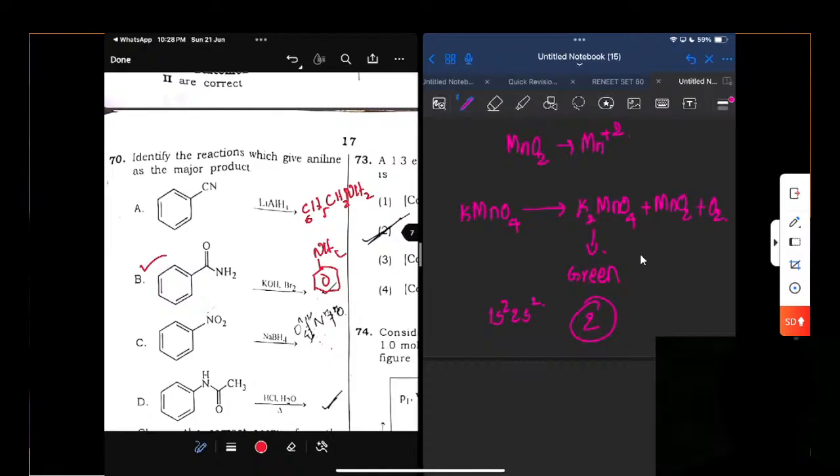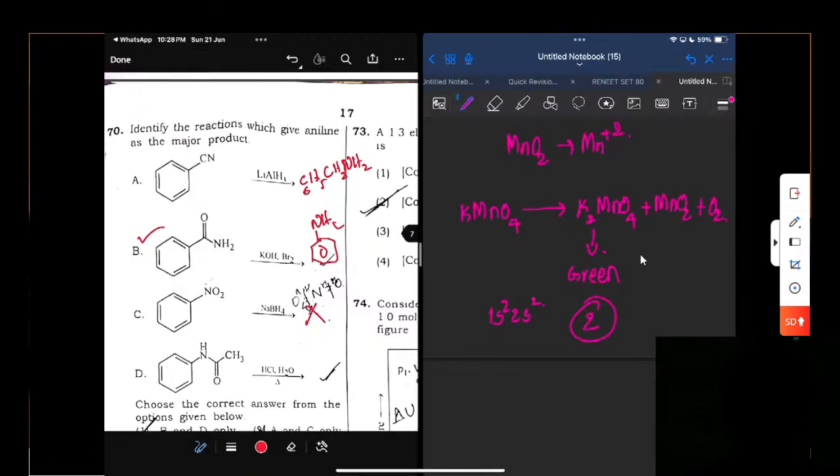In another one, nitrobenzene with sodium borohydride. Sodium borohydride cannot reduce nitro compounds, so here there will be no product formation. And the last one is acetanilide on reaction with HCl. What product will be formed here? C6H5NH2.